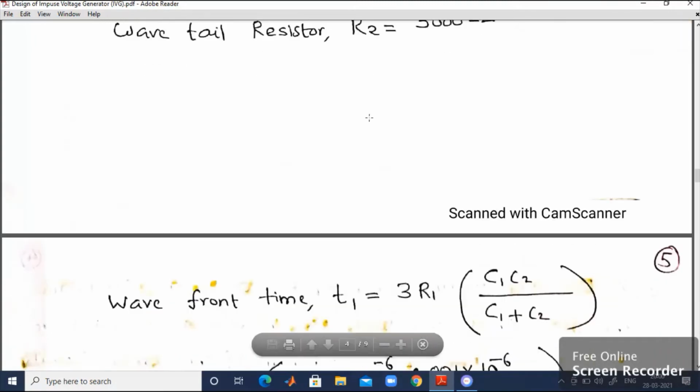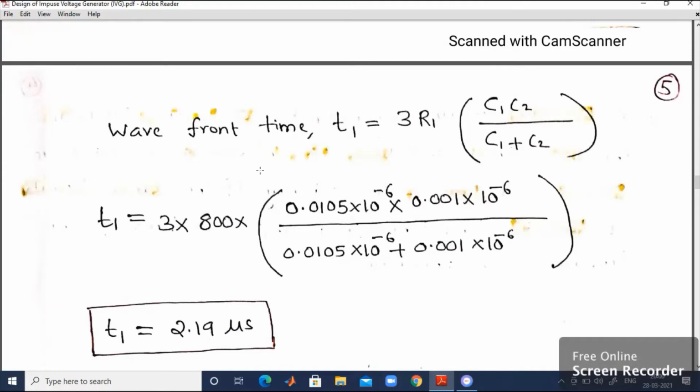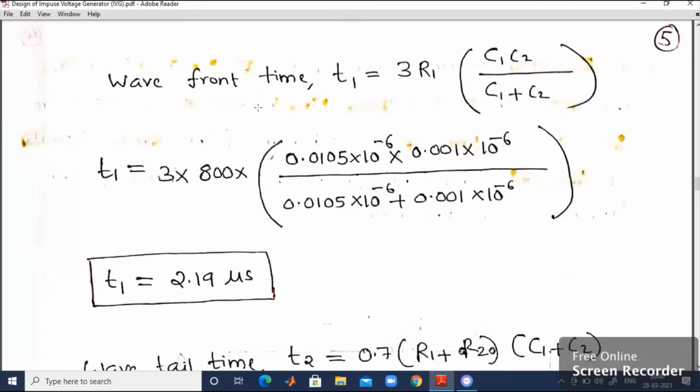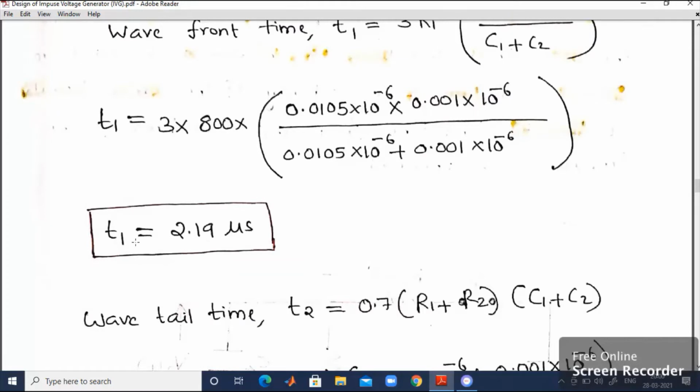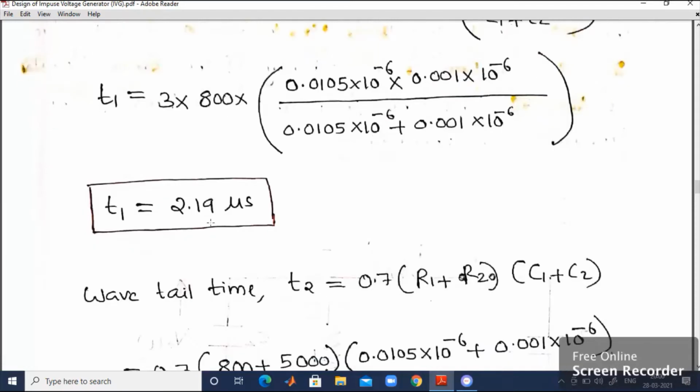So note down. Now you have to use the formula for wavefront time: T1 equal to 3 R1 into C1 C2 upon C1 plus C2. So direct substitution can be done. R1, C1, C2, all the values are available. Finally, I get the wavefront time equal to 2.19 microseconds. Please do verify this answer by yourself.